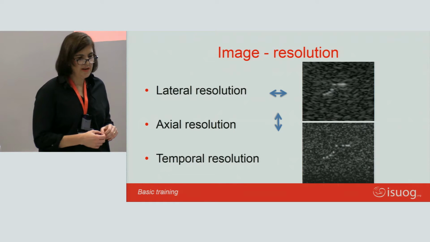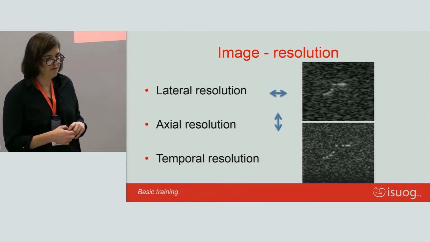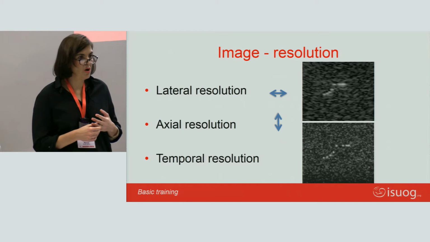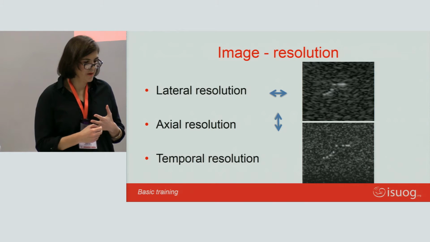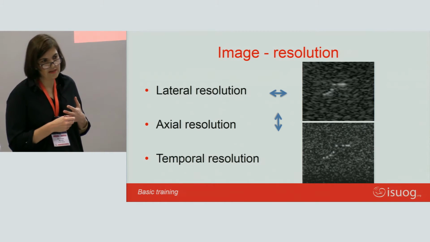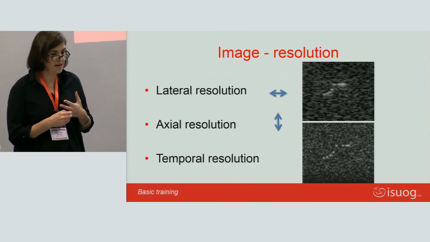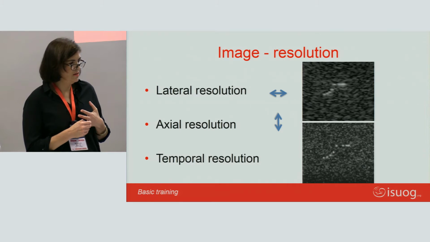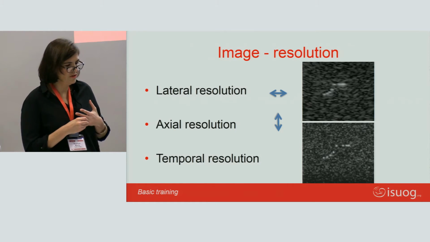So what I want to do next with you is to teach you a few basic principles of ultrasound in order for you to understand the use of the machine and the post-processing software. Resolution: nowadays everybody has a digital camera and they understand resolution. But ultrasound has a different kind of resolution, three different kinds.